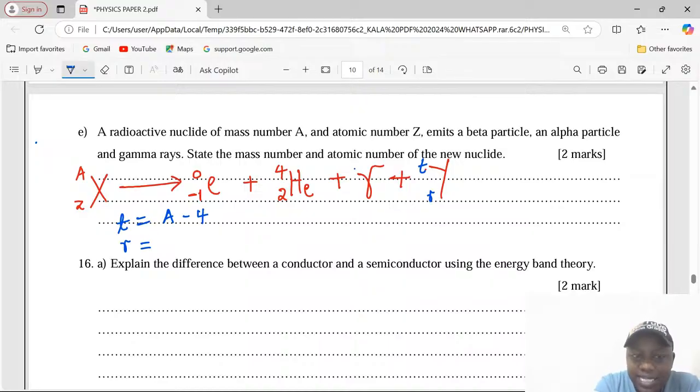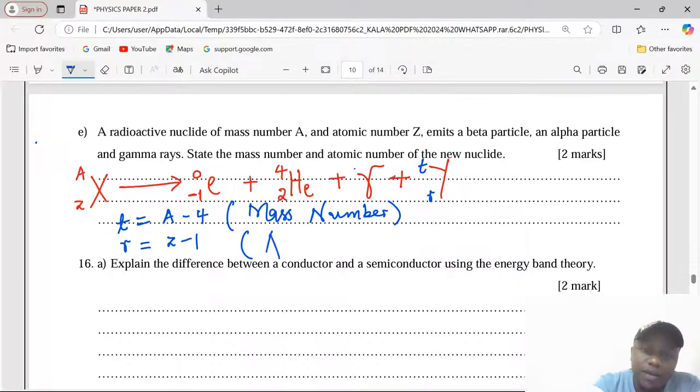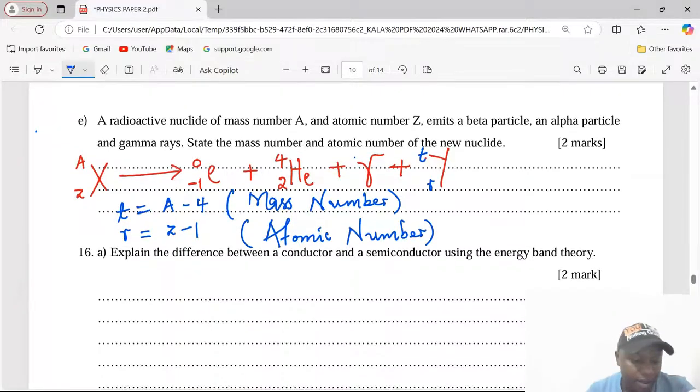They must give us Z. So to remain with R, we have to subtract 2 from that side, and we also add 1, because when 1 goes to the other side, it shall be added. So it will be Z minus 1. This one is the mass number. This one is the atomic number.